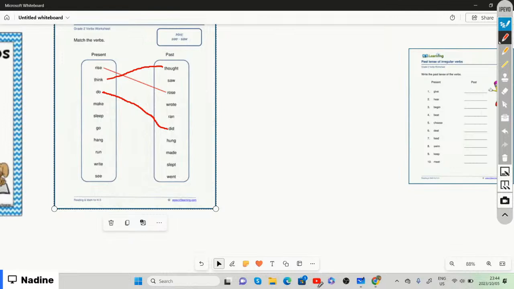Make. I make a model or structure, let's say for maths. But in the past, I made the structure. I make now, but in the past, I made.